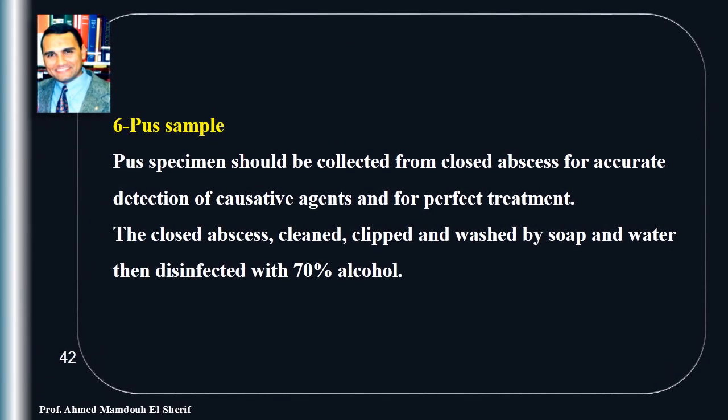Pus sample. Pus specimens should be collected from closed abscesses for accurate detection of the causative agents and for perfect treatment. The closed abscess is cleaned, clipped, and washed with soap and water, then disinfected with 70% alcohol.